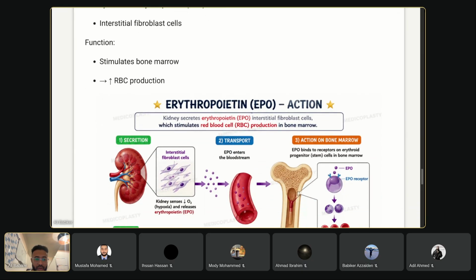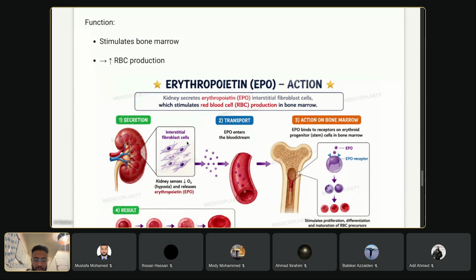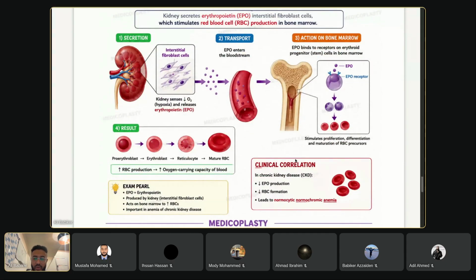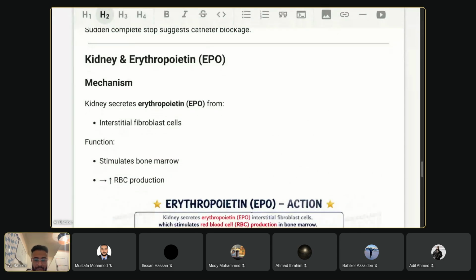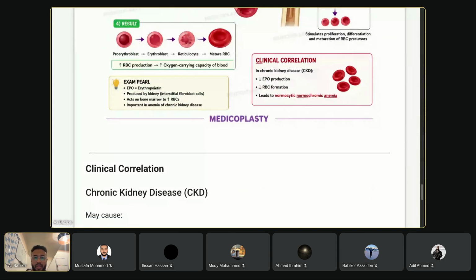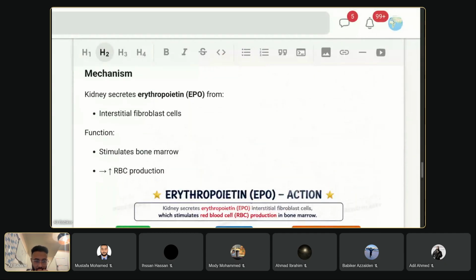So secretion from interstitial fibroblast cells, EPO into the bloodstream, and it binds to receptors on erythroid progenitor stem cells in the bone marrow, and this will lead to an increase of RBC production.